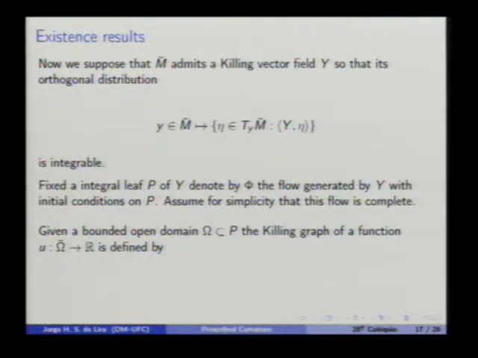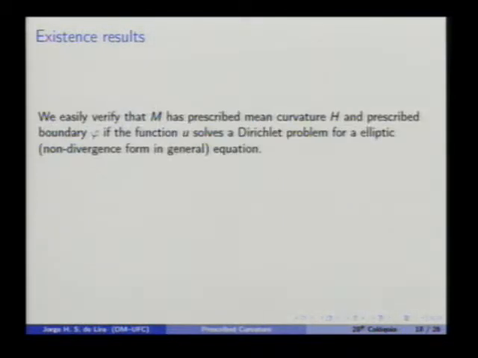And again, taking a domain in P and a function u defined on this set, you could define the Killing graph of u by this expression, by this M. And again, the fact that M has anisotropic mean curvature prescribed by some function H, and has prescribed boundary, could be viewed as the fact that u solves a Dirichlet problem for some elliptic equation.